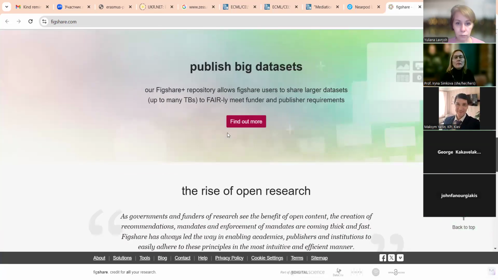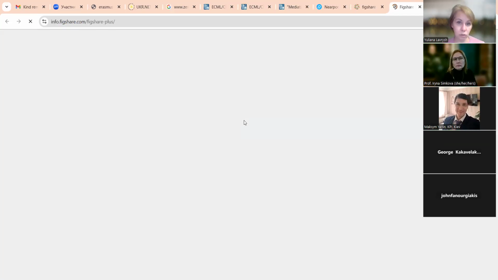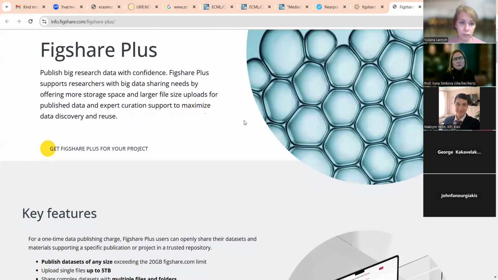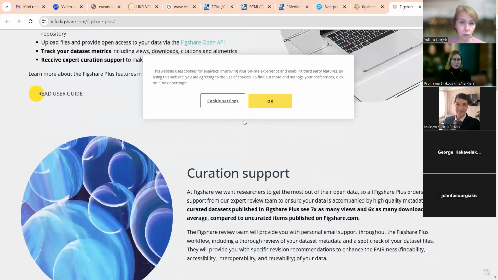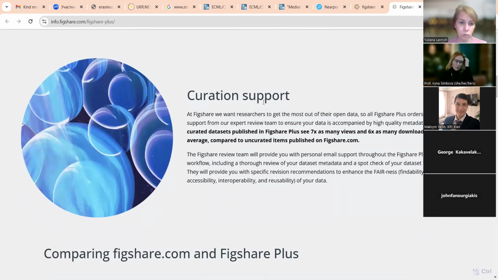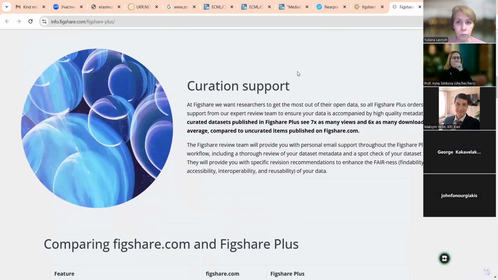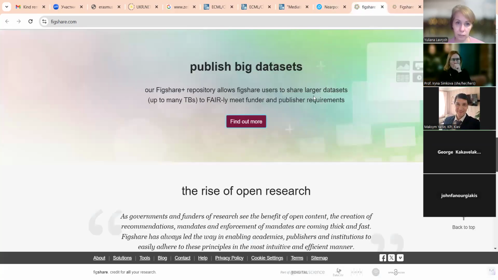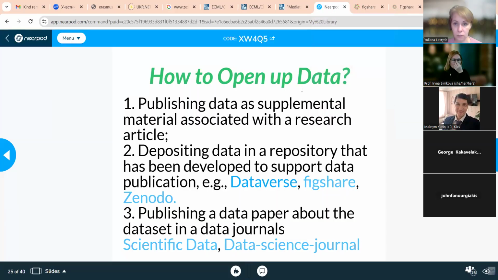If you want to publish a big data set, you click here and find all information on what to do, how to do it, and why. So don't be afraid when people tell you, please pre-register or publish your data. It means that this journal or organization follows the principles of open science, and it's absolutely normal.